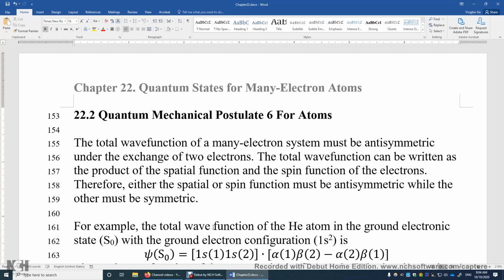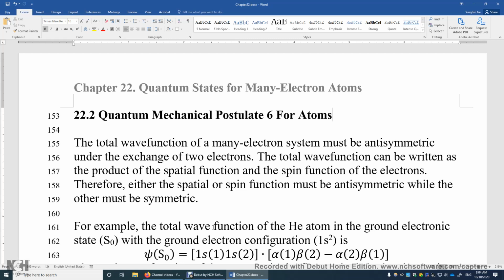Therefore, in a many-electron atom, when we write out the total wave function as the product of the spatial function and the spin function of the electrons, we should realize that either the spatial function or the spin function must be antisymmetric, while the other must be symmetric.